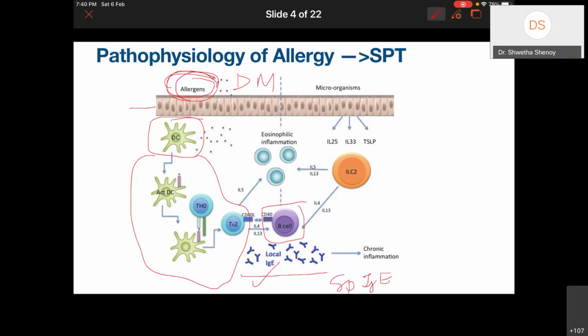Suppose this allergen is pollen, the specific IgE is for pollen. So specific IgE, like the name suggests, is very, very specific, whereas total IgE is all the IgEs together. But when there is a pollen allergy, the response is from specific IgE that is generated when a pollen comes in contact here. Okay, so this is the pathophysiology of how allergy happens in itself.